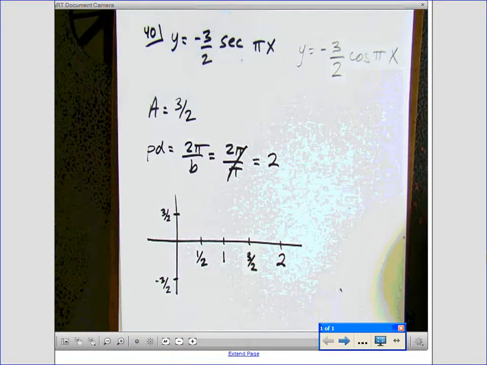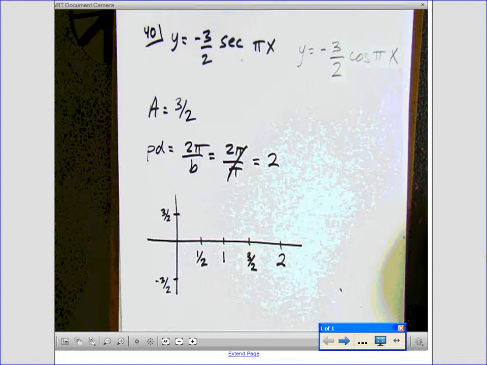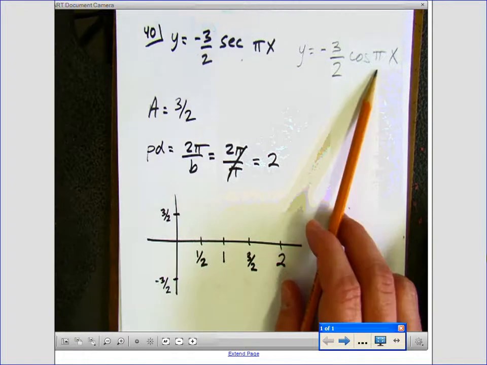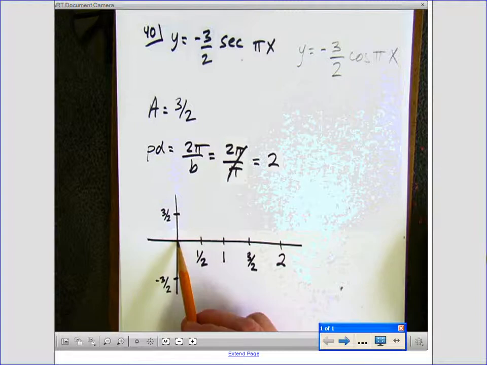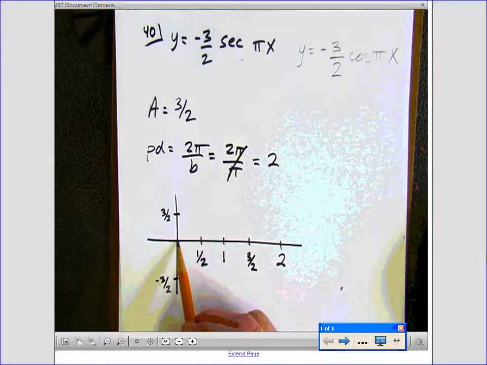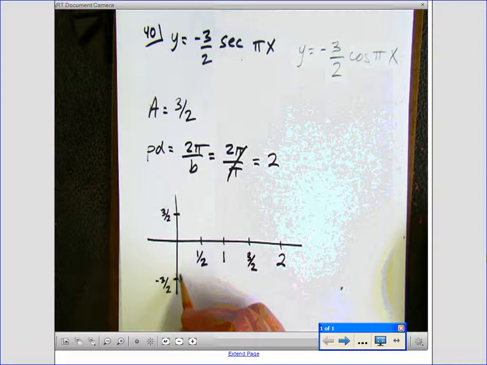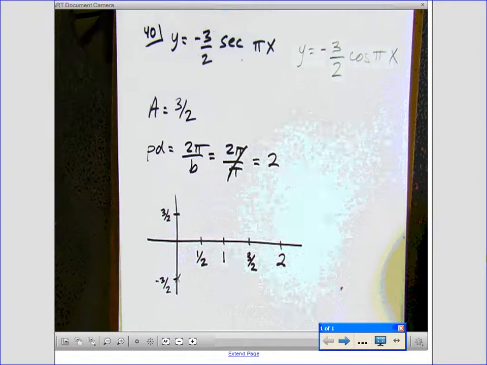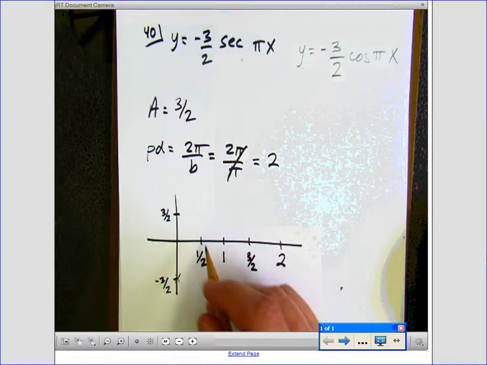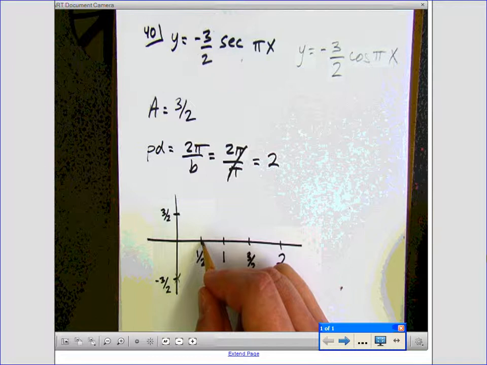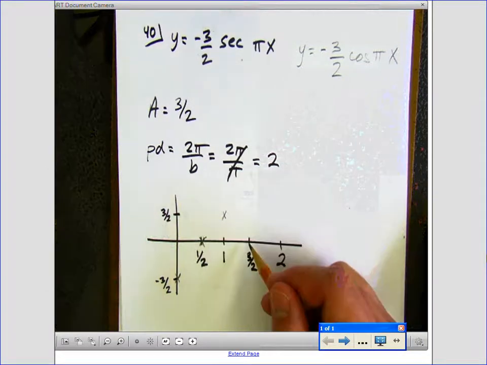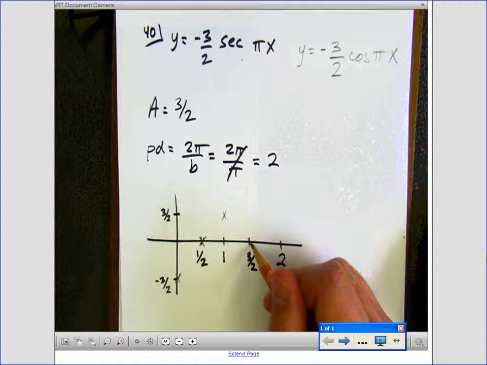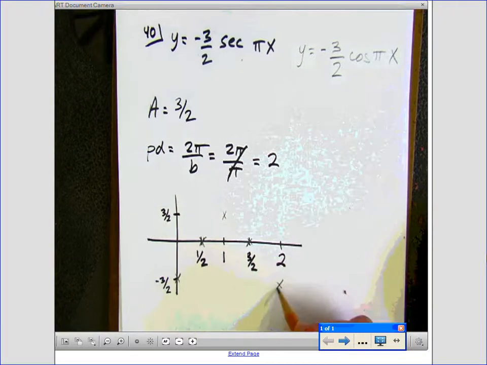Before we graph secant, let's graph cosine. That's a negative cosine graph, so where's it going to start? Negative 3 halves, and from there it has to go up. It's going to go to 0 at 1/2, and then at 1, it's going to go up to 3 halves. At 3 halves it's back to 0, and at 2, it's down to negative 3 halves.